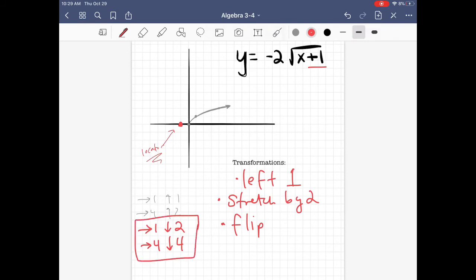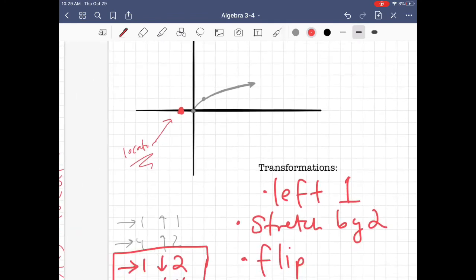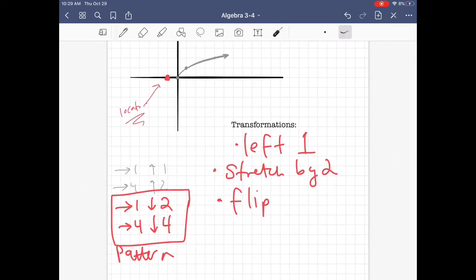And this is the new pattern of the transformed square root. So I'm going to go right by 1 and down by 2, just like my new pattern is. And I'm going to go right by 4 and down by 4. And make a point right there.